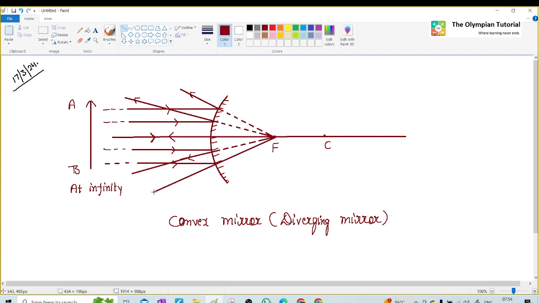Be very careful while preparing the diagram, because the diagram plays a very important role. We are showing rays, so there should be proper arrows. The light ray goes from here and it is reflecting. This is the convex mirror, the diverging mirror.